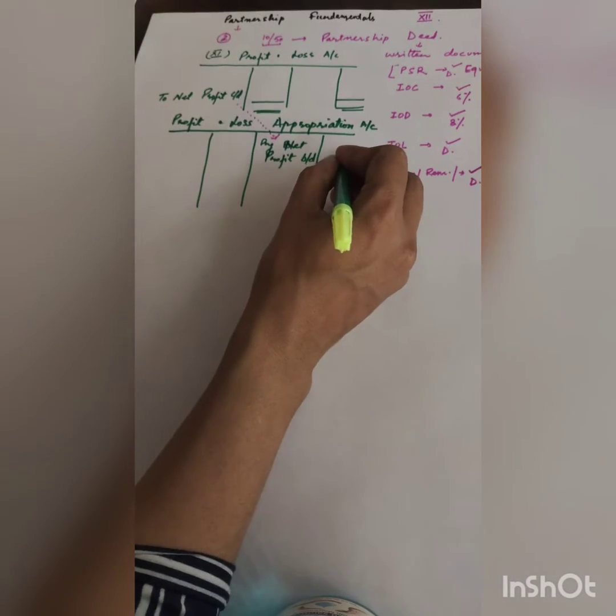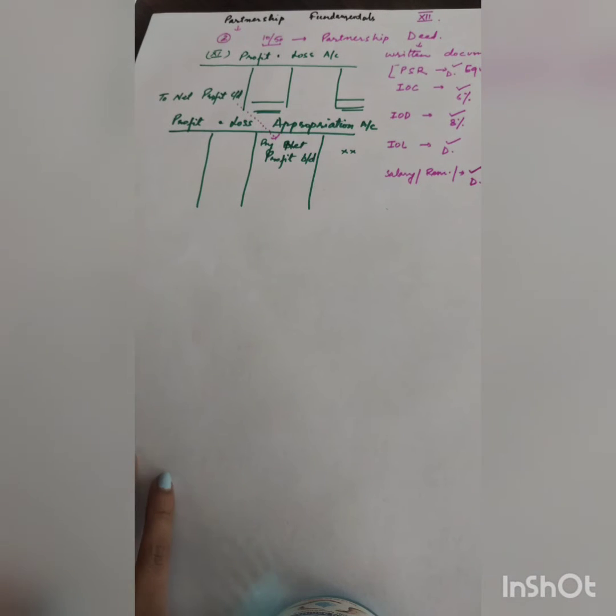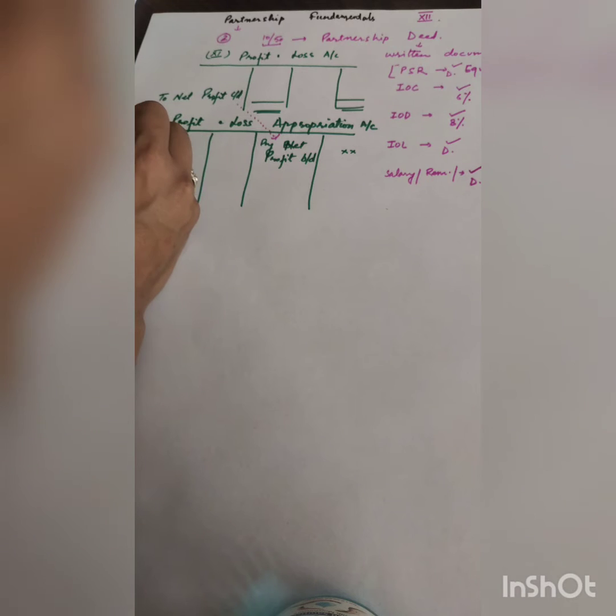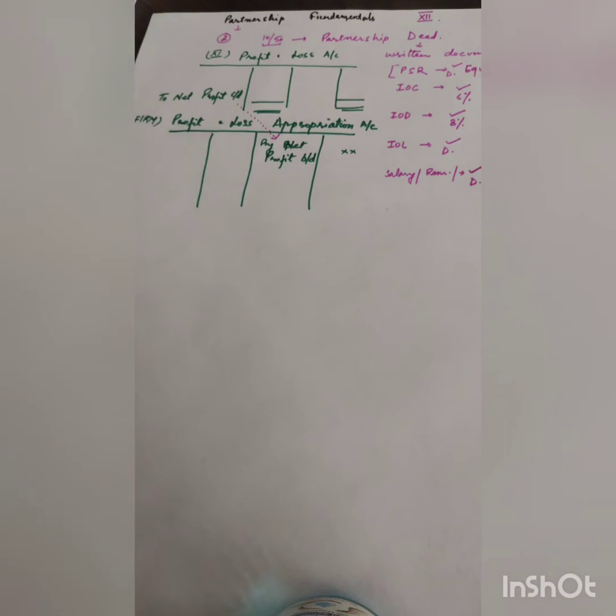This is the first item which will be mentioned in the profit and loss appropriation, and then you will see that there are certain adjustments. If you just understand the basic concept, this P&L appropriation is of the firm, it's not of the partners, it's of the partnership firm. I'll talk about all the items individually.